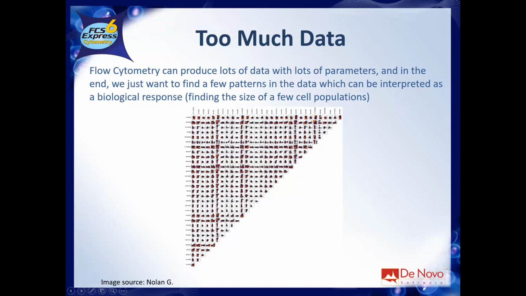So let's start. Why you may want to use transformation? Because you have a lot of data. And unless you have a specific gating strategy or a specific cell type of interest, what you may need to do is to open a bunch of two-dimension plots comparing all possible combinations of two parameters to really explore your data set.